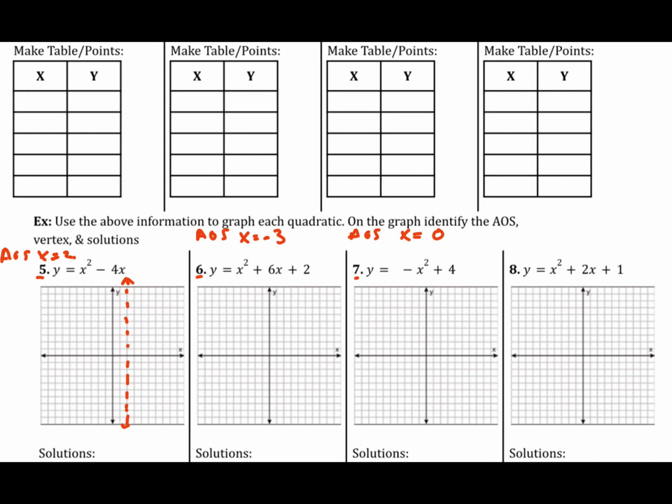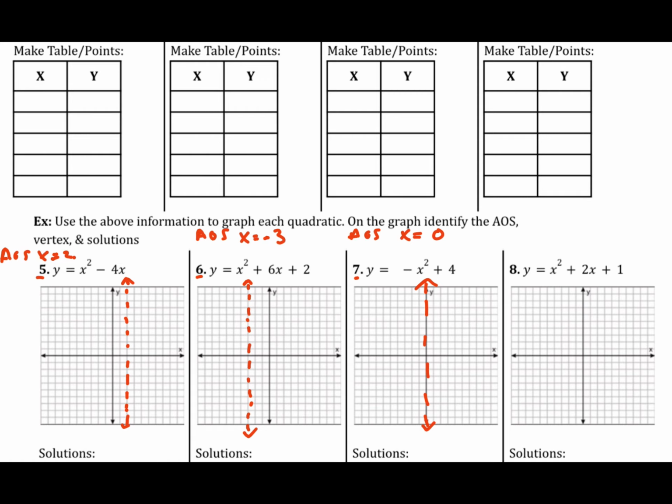On number 6, I'm going to go to x equals negative 3, and create a dotted vertical line. On number 7, I'm going to go to x equals 0, which is also the y-axis, and create a dotted line here. So, very first step, find the axis of symmetry and graph it as a dotted line.